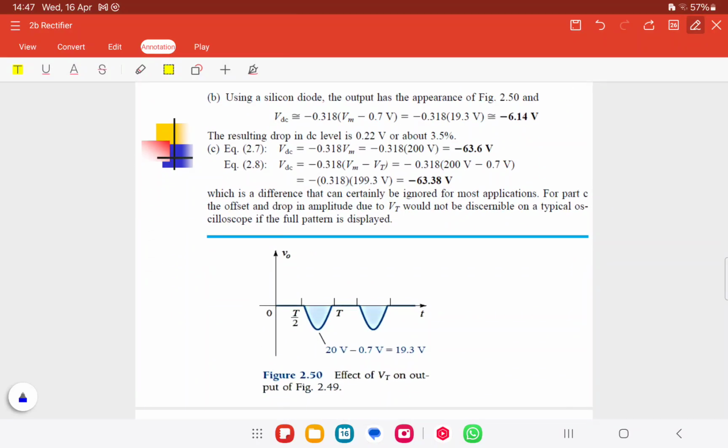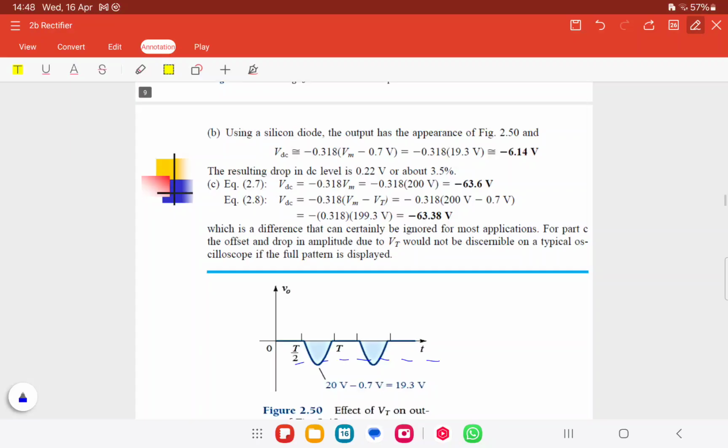So it will get like this. Since it is for the negative cycle, it will get like this for the lower side. Because this is VDC equals 0.318, this is minus VD.